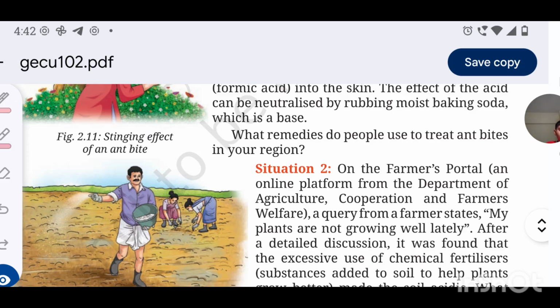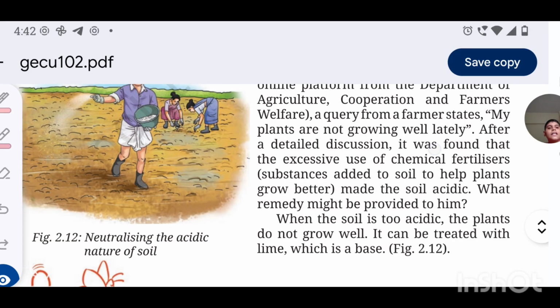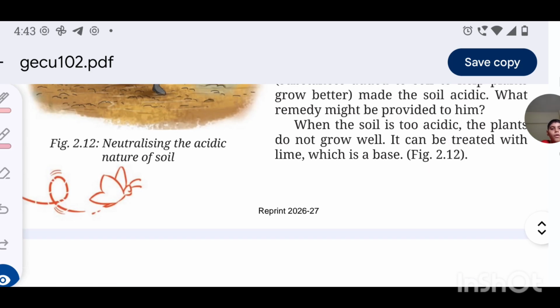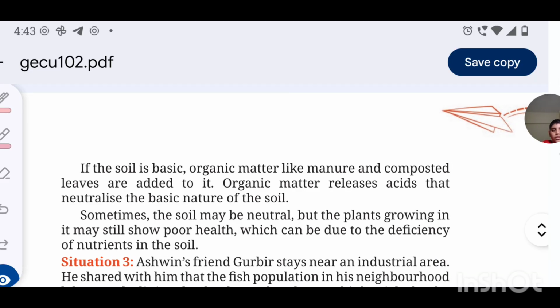After a detailed discussion, they find that the excessive use of chemical fertilizer substances added to the soil to help plants grow better makes the soil acidic. What remedy might be provided to him? He can take slaked lime, or another type of lime is also there.